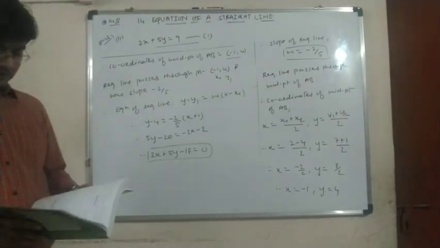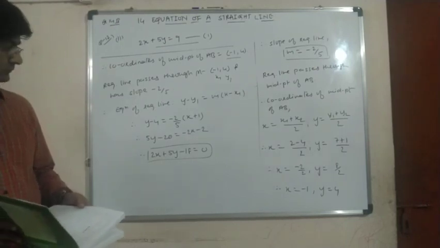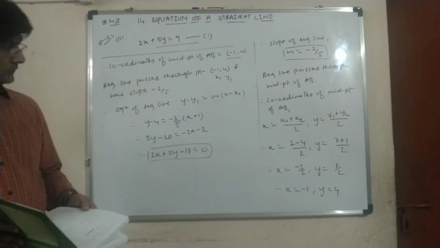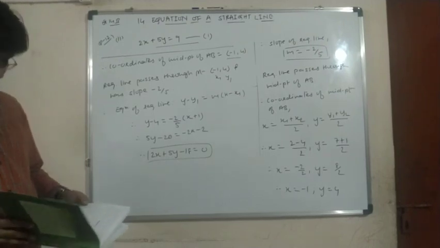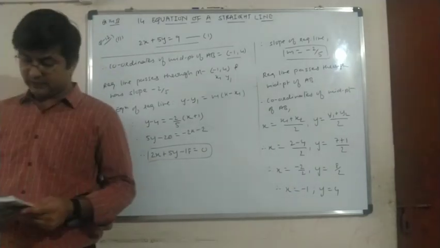So we have completed the second part of the question. It is question number 12, second one. 2x plus 5y is equal to 18. Done.